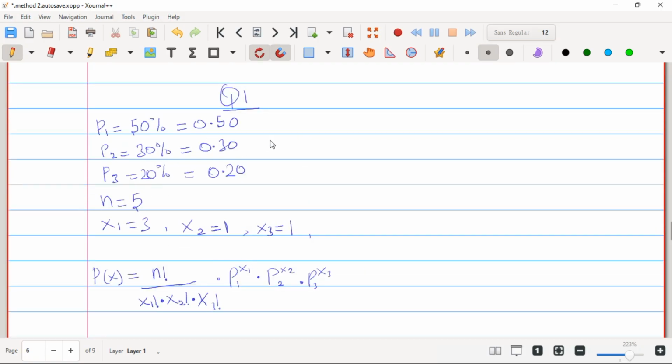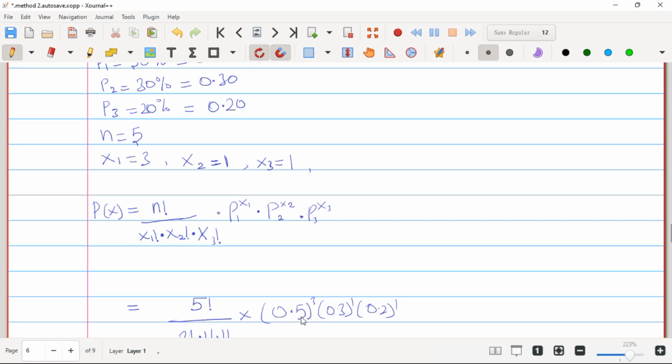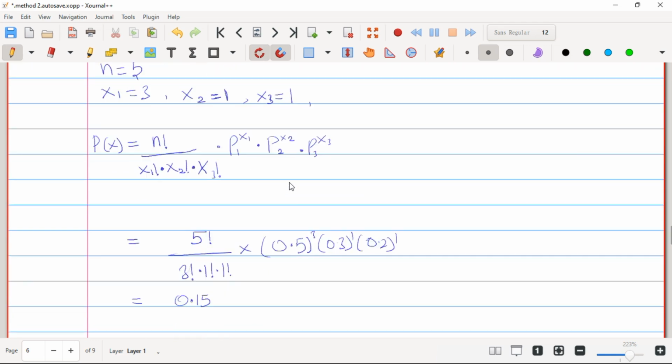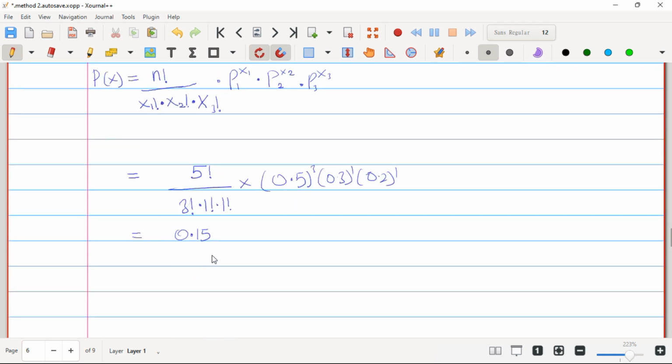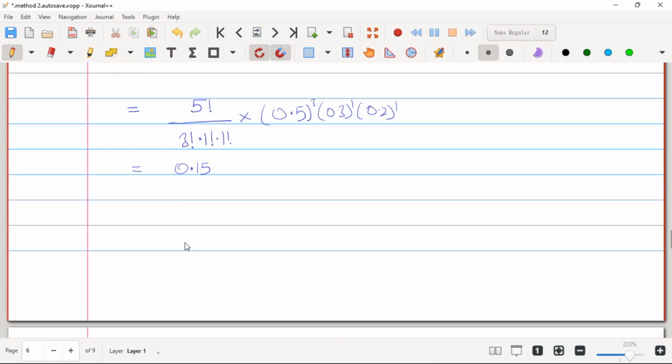So P1 was 0.5 raised to the power x1, so 0.5 raised to the power 3, times 0.3 raised to the power x2, that was 1, times 0.2 raised to the power x3, that was 1. Once you have this and punch it on the calculator, you are surely going to get 0.15. I think I've run it, and that's the reason why I get 0.15, right? So that's our first question.